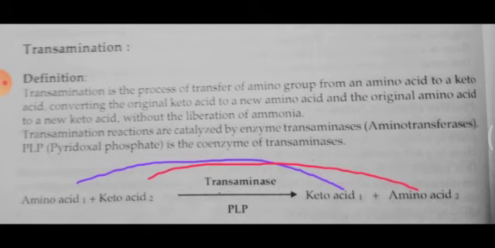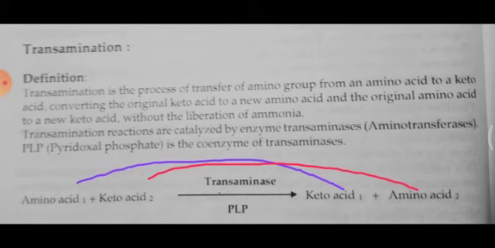Let us make it very simple, what this paragraph means. Transamination is the process of transfer of amino group. That's the first line. In the depiction, before the arrow mark are the reactants and after the arrow mark is the product. Before the arrow mark we can see an amino acid which contains an amino group, plus a keto acid too.